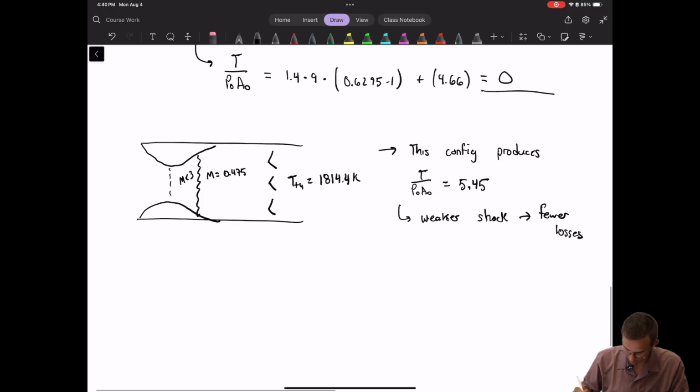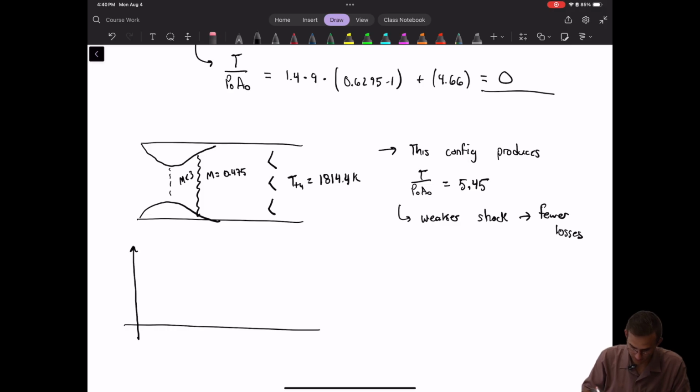Let me quickly, just to maintain consistency here, draw what the Mach number is doing in this case. So we're starting at 3 like we did before, but now you're decreasing to a lower Mach number that's closer to 1. So let's say we'll do 1 here.